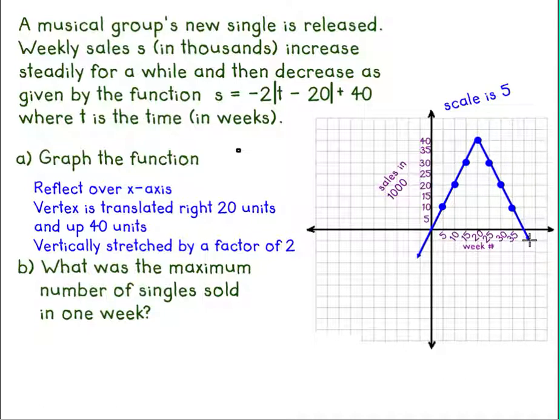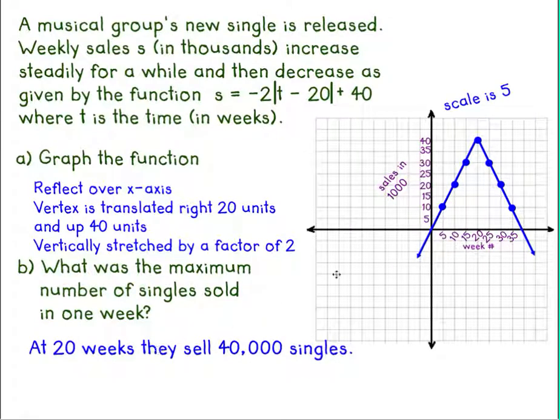Is it feasible to have a negative on either one of these axes? So once you have that figured out, then you can decide that you are looking for the maximum number of singles sold in 1 week. Well, that's going to be that vertex, or the maximum amount. So you would sell at about 20 weeks out, somewhere around 40,000 singles.